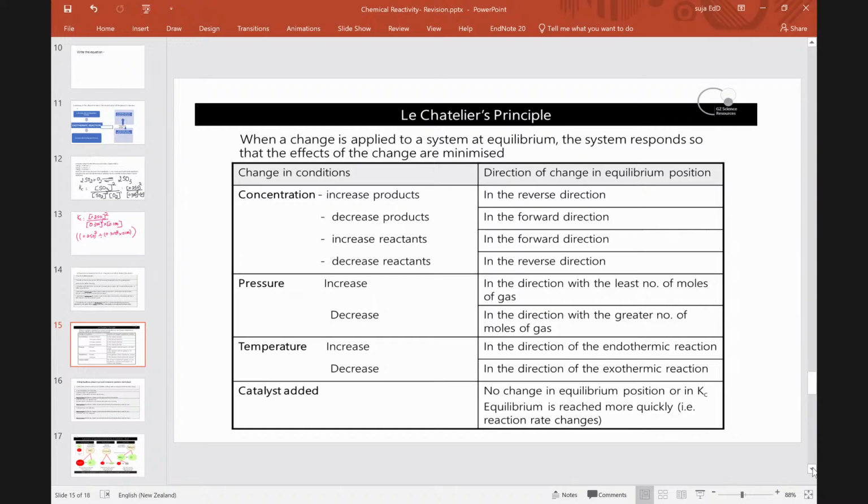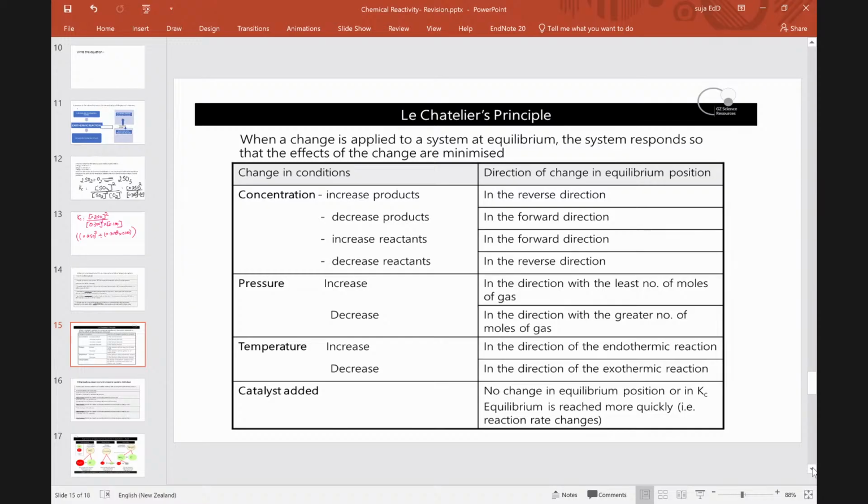But remember, all this will only happen, and these things change only for a very, very short time till the system can readjust and the balance is brought forward or equilibrium is established.